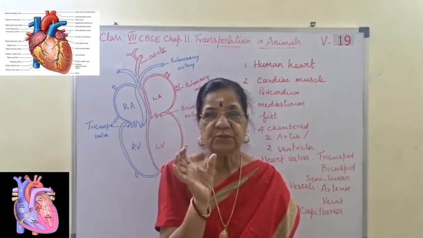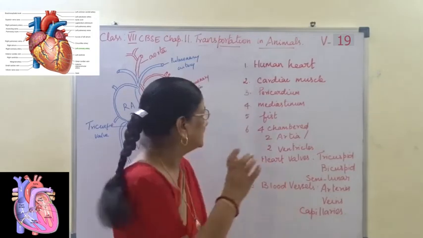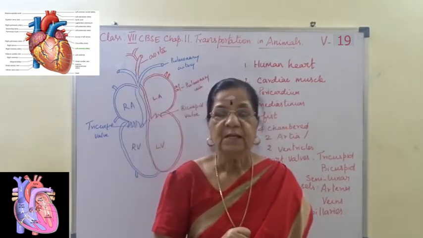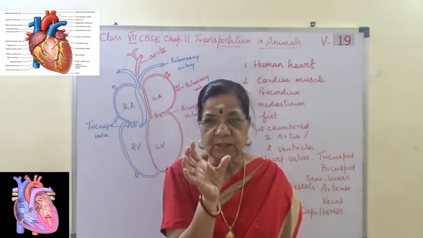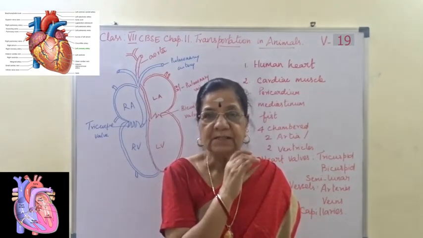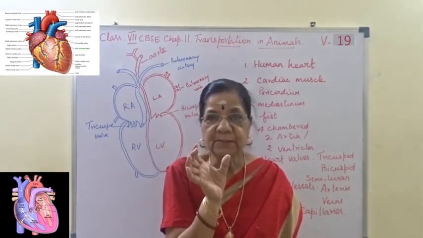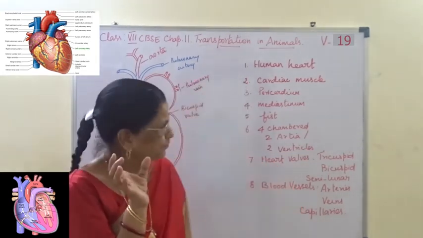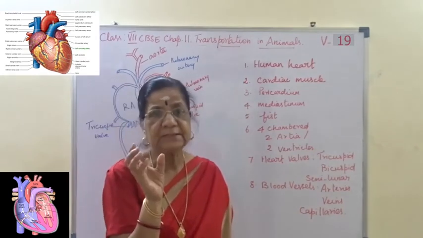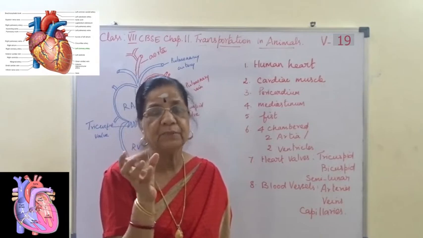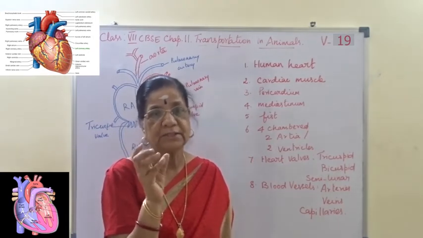The space between the two lungs is called mediastinum. We learned about the respiratory system in previous video classes. In between the two lungs, the space is called mediastinum, where the heart is located.